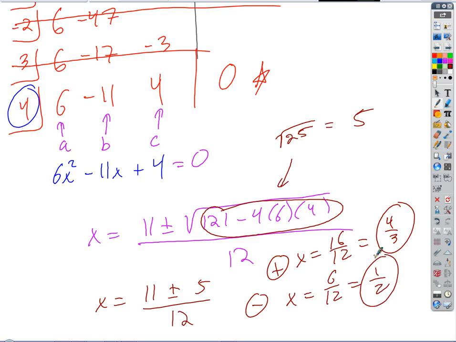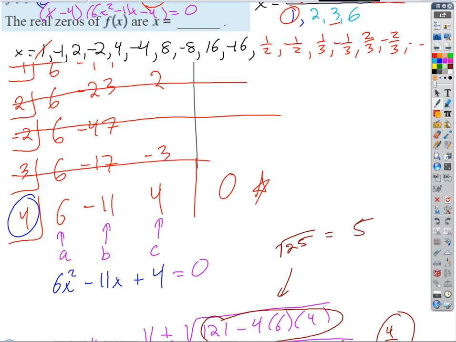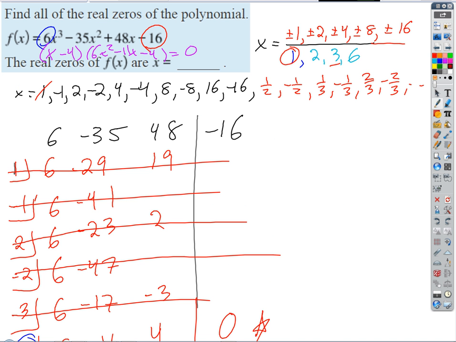So there's my other solutions. So we got 4, 4/3, and 1/2. That's what I would enter in Moodle. So if this is my answer box, that's what I'd put in there.